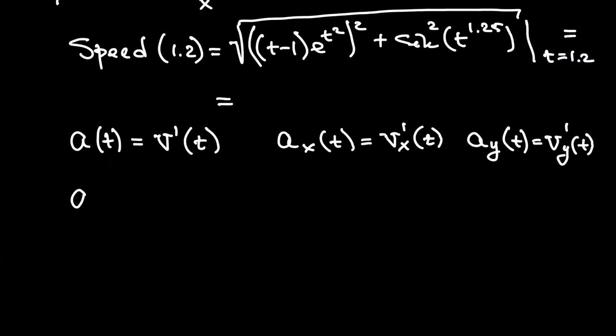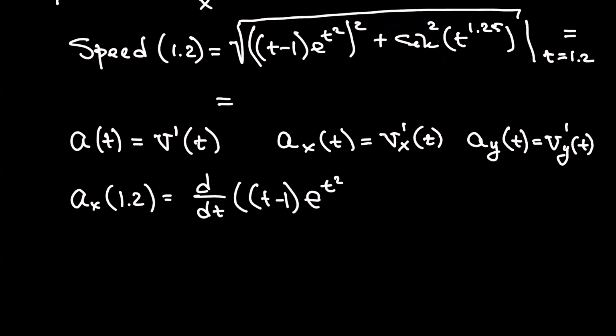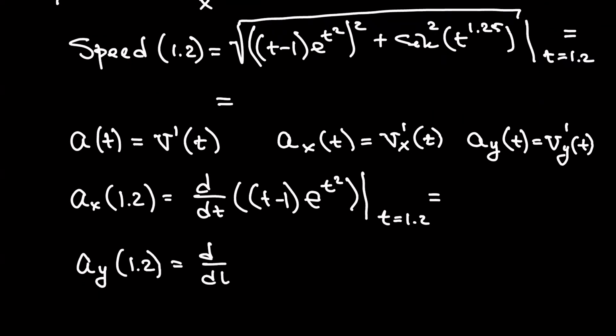So then ax at 1.2 is equal to the derivative with respect to time of (t minus 1) e to the power t squared, evaluated at t equals 1.2, and acceleration along the y-axis at 1.2 is equal to the derivative with respect to time of sine of t to the power 1.25, evaluated at t equals 1.2.